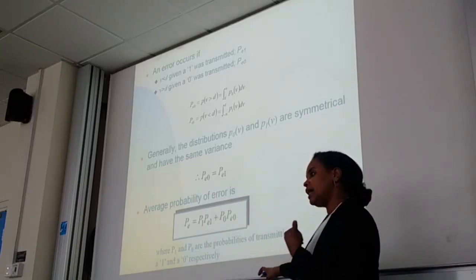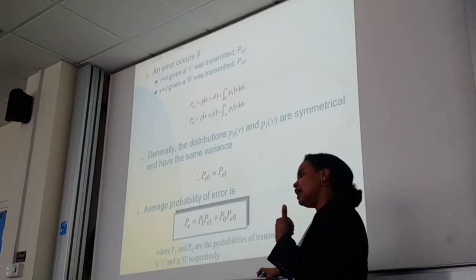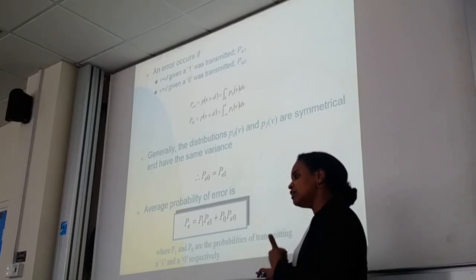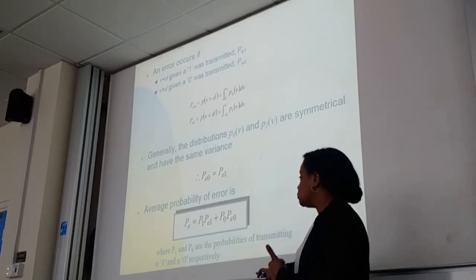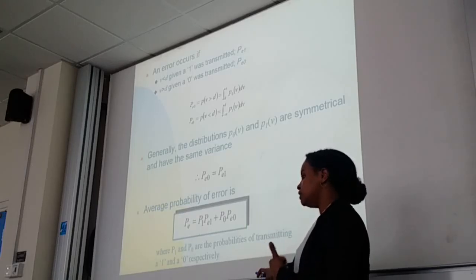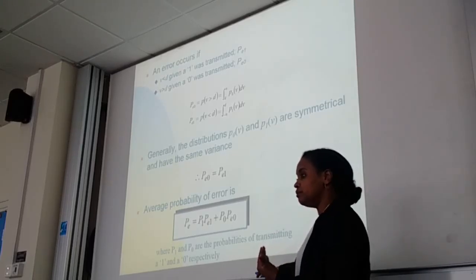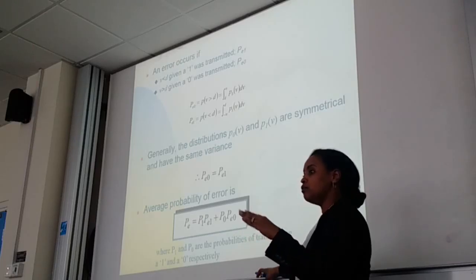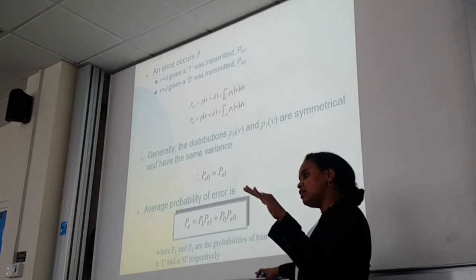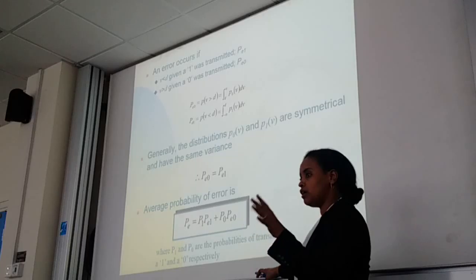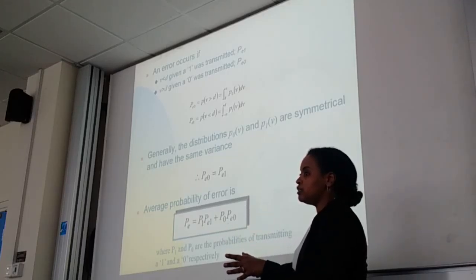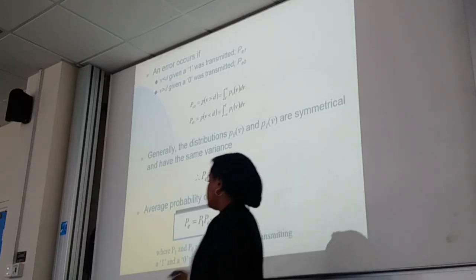And if we assume an ideal binary signaling system, where both the 1 and 0 are transmitted with the same probability, we have discussed this before.